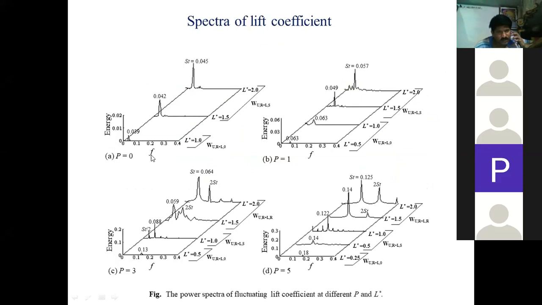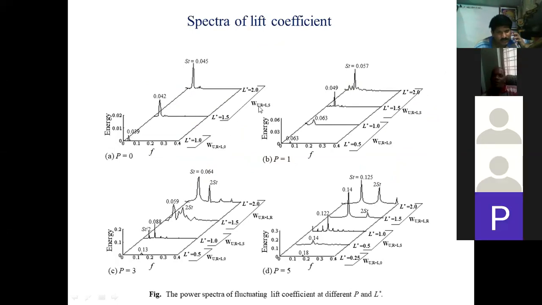But as we increase the gap height, when regular vortices are there from the upper side and stretched vortices from the lower side, then a prominent peak is there with the largest frequency. Similarly, if we increase the nonlinearity, for P equals 1, 3, and 5 at the inlet, this peak becomes more prominent, and its subharmonics are also present here.